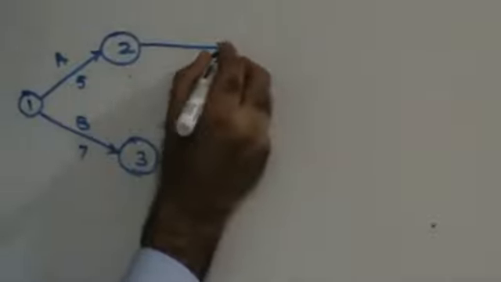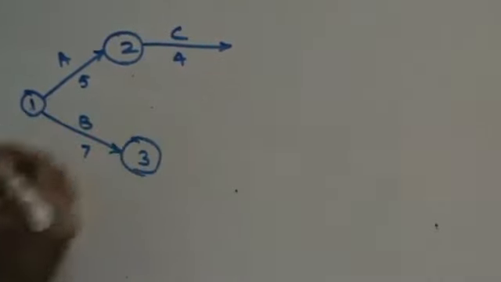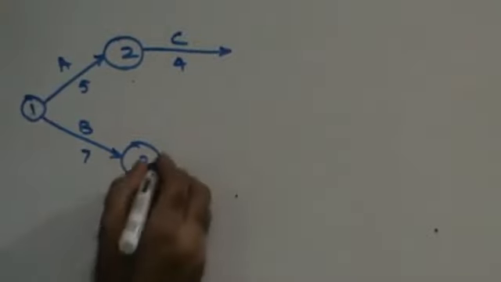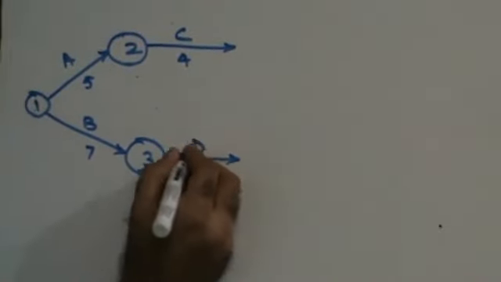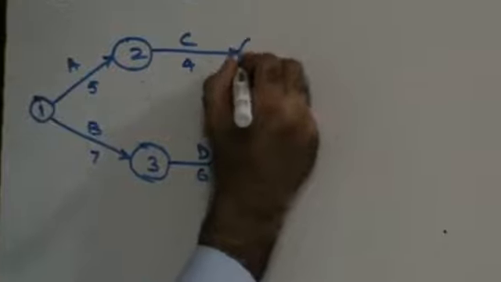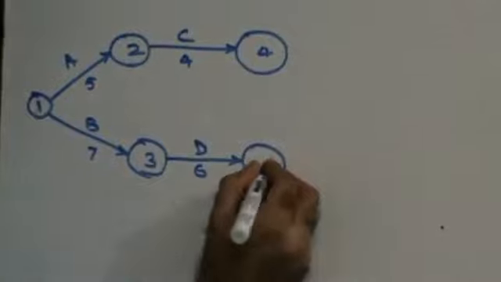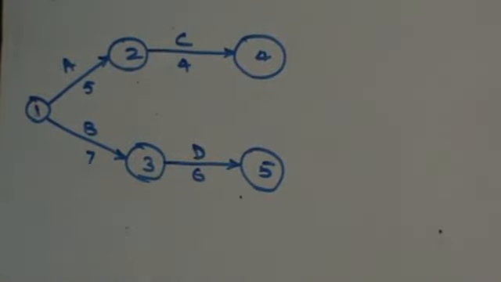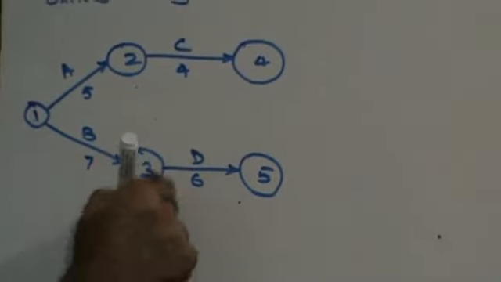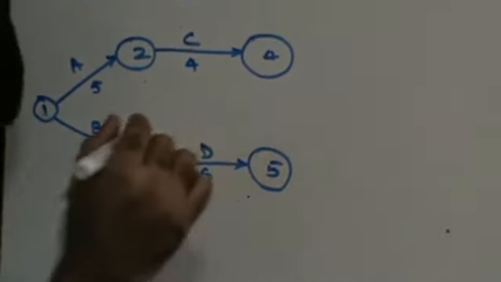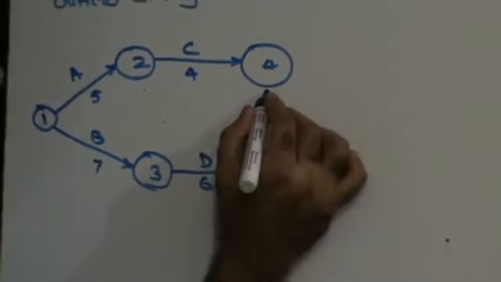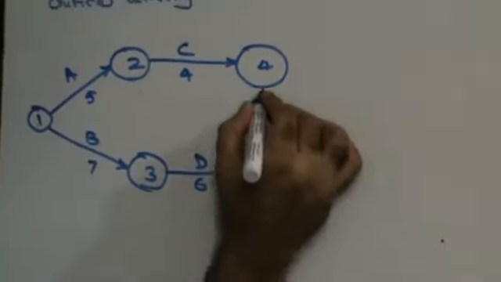Now, after A you have C, which is of 4 days. After B you have D, which is of 6 days, giving 4 and 5. Now, C and D combined give you E. So I'm going to draw a dummy activity here.